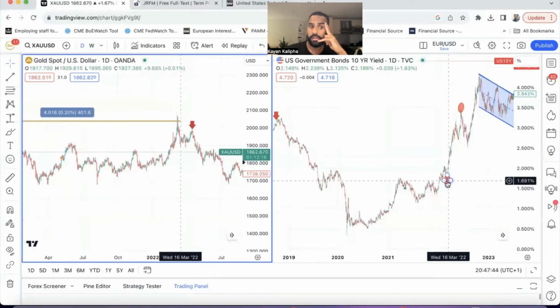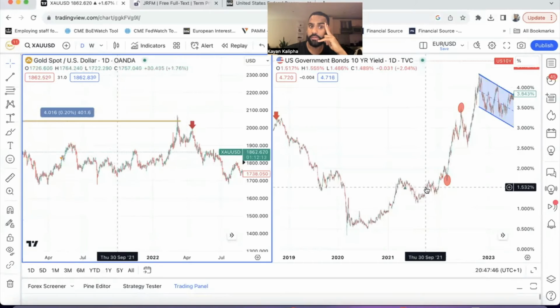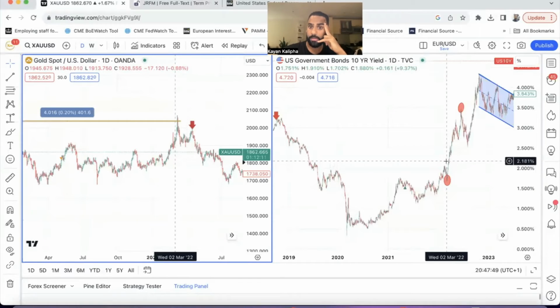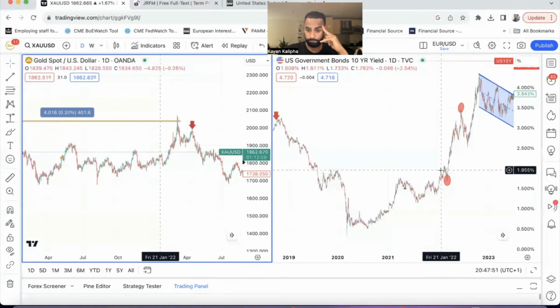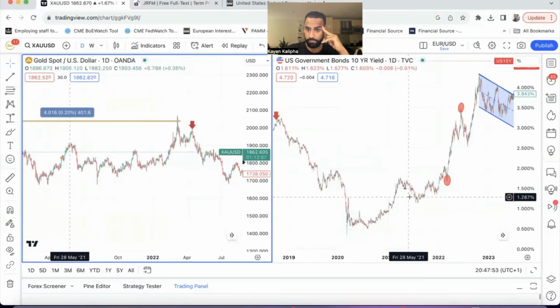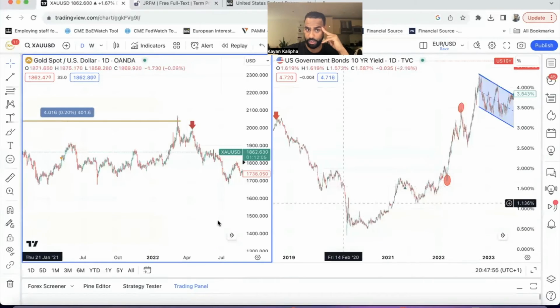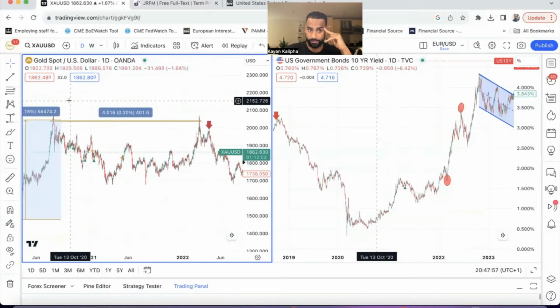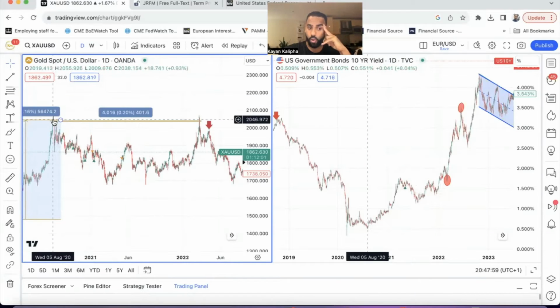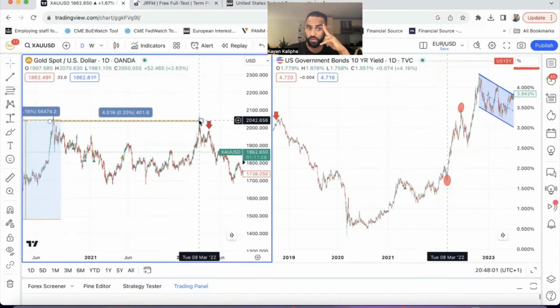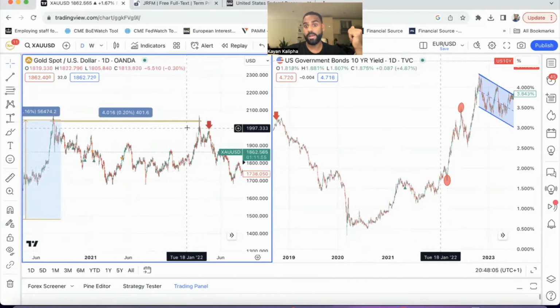Okay. And then, boom, takes off. Bond yields keep climbing. Okay. Bond yields make a recovery. And notice how when bond yields make a recovery, gold's price doesn't go anywhere. It's flat from August 2020 to March 2022. For 2 years, gold's price doesn't go up. It goes down and comes back up.